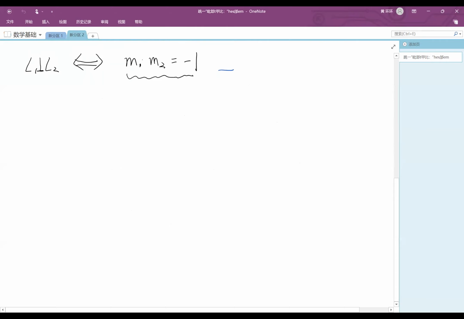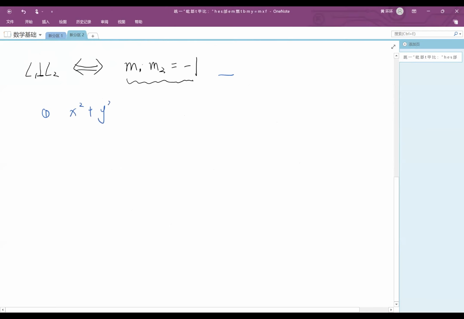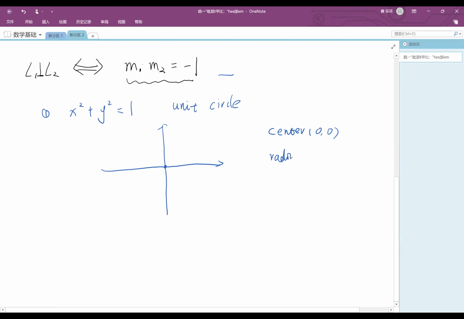Let's see the first one: x squared plus y squared is equal to 1. This is the unit circle, and the center is at the origin, and the radius is 1.